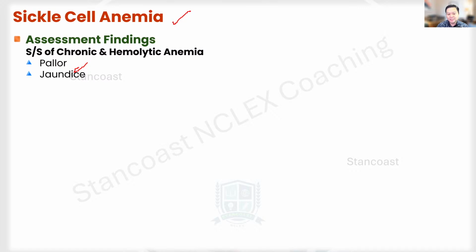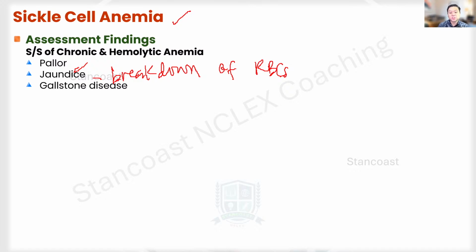And in severe cases, they're going to end up with jaundice because of the increased breakdown of the red blood cells, and this can lead to yellowing of the skin and the eyes. There's also going to be gallstone disease, wherein the bilirubin will be increased because of the breakdown. This can lead to gallstone formation.